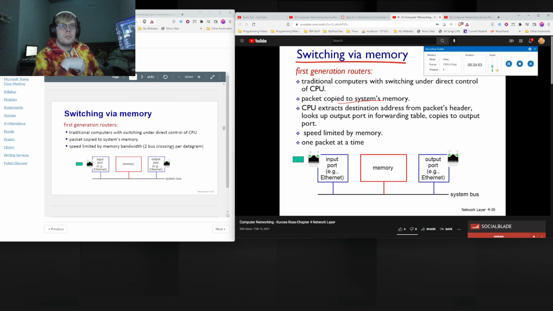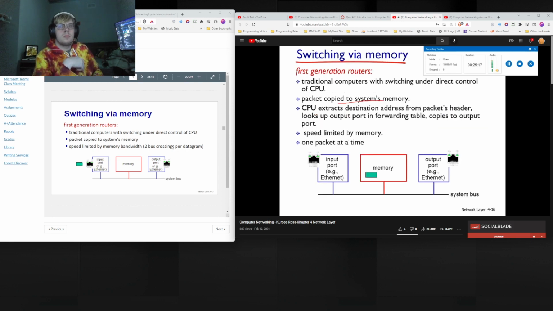So if you see over here, when it arrives, it is stored into the memory. First of all, the packet is copied to the system memory. Now the CPU will extract the destination address from the packet's header. It will look for the output port and then copy it to the output port, like this.